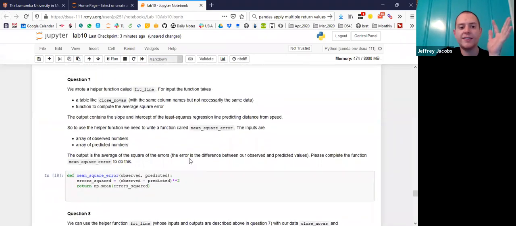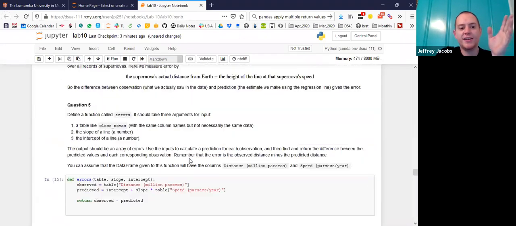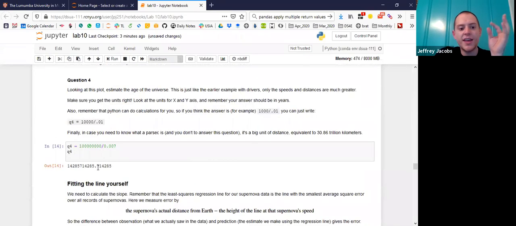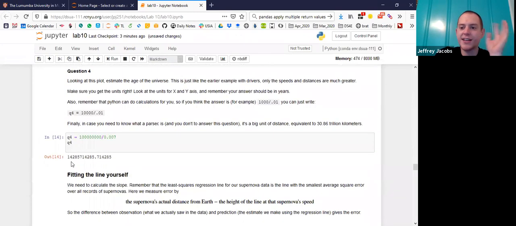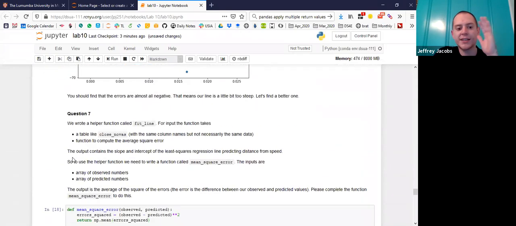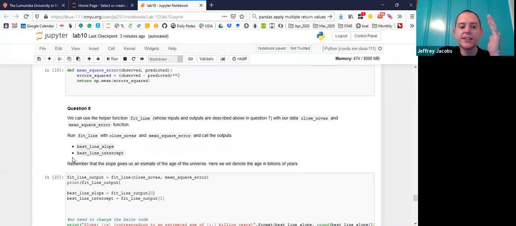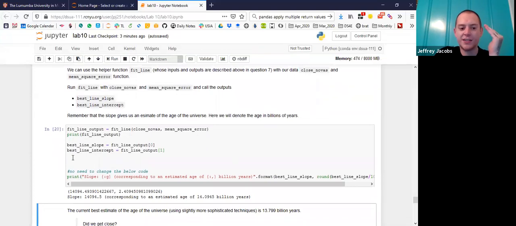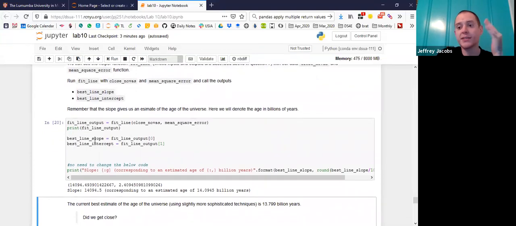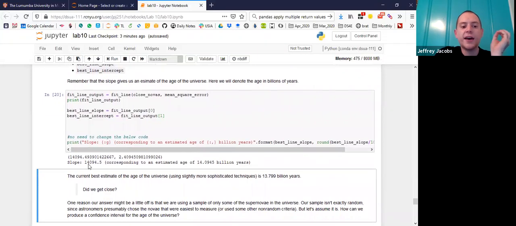Rather than eyeballing it like we did up here, where we estimated it's about 14.29 billion years old, here we use an actual line optimizer function that finds the best slope and best intercept. Through that we get 14.0945, so our estimate wasn't that bad.